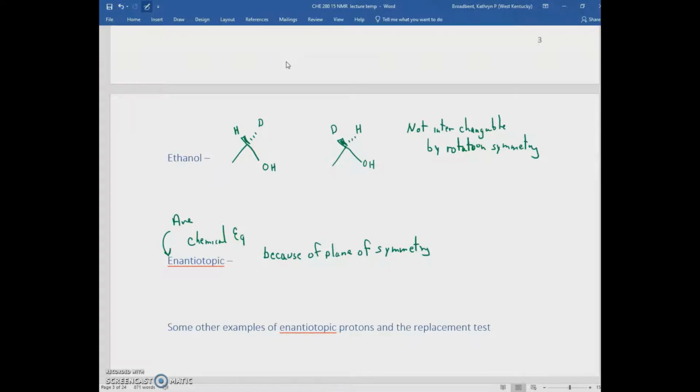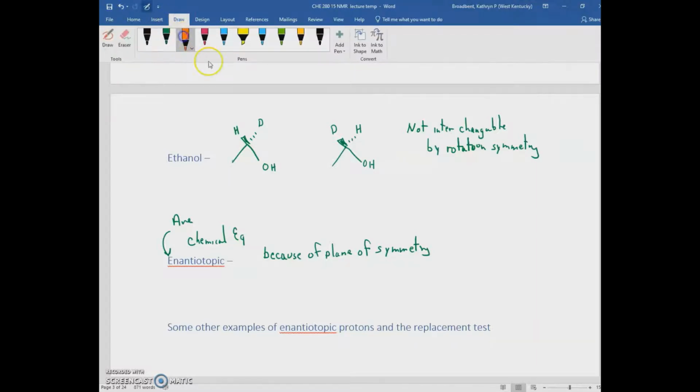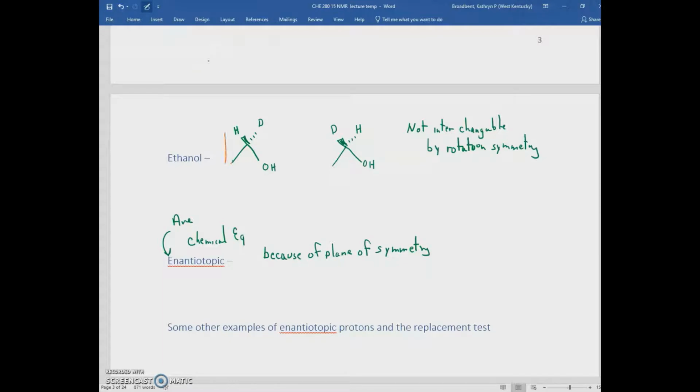If we put a plane right in here, so that it's with this piece of paper and these bonds are on the plane, there's a plane of symmetry there. And so these two, if we make that a hydrogen, would be chemically equivalent.